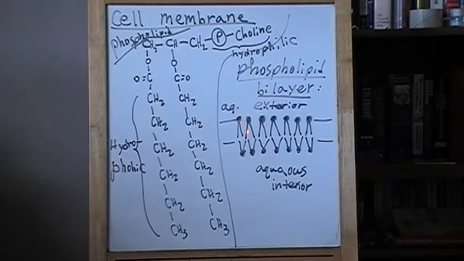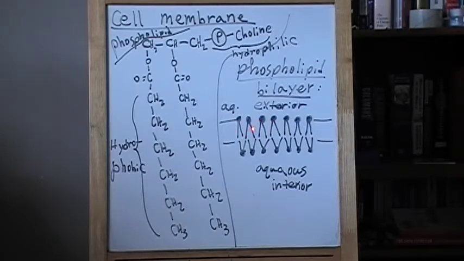And if you have phospholipids in a layer like this, if you have 2 of these layers, it forms what's called a phospholipid bilayer, and that forms the membrane of the cell.